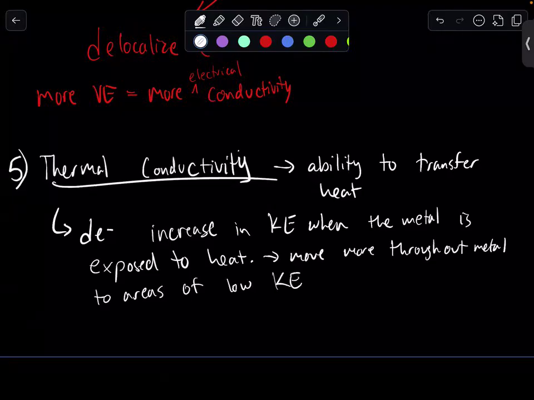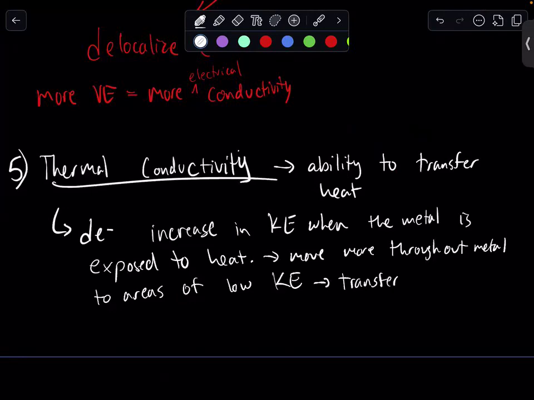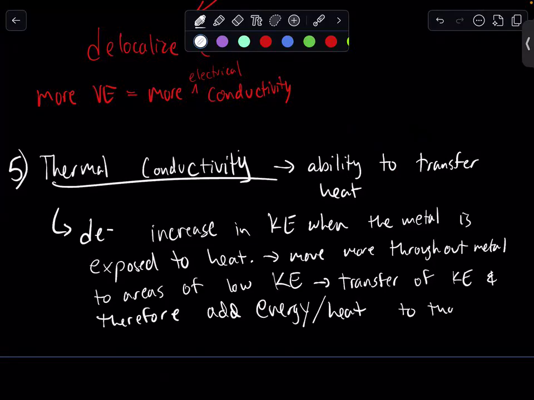And so as they move throughout the metal to areas of low kinetic energy, they then collide and transfer that energy. This leads to transfer of kinetic energy and therefore adds energy or heat to that area.